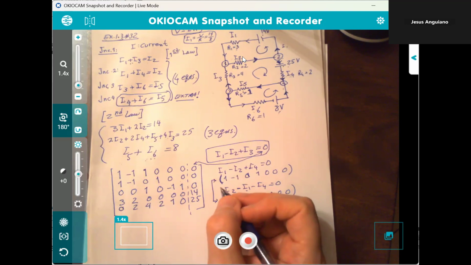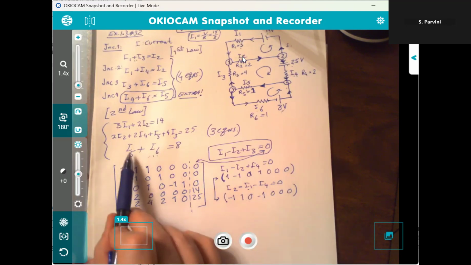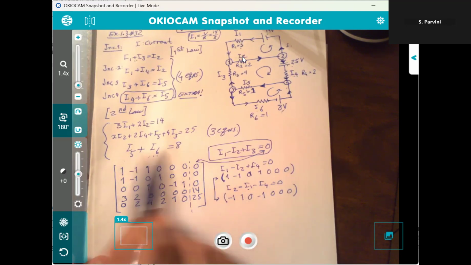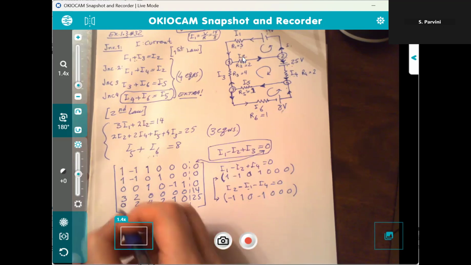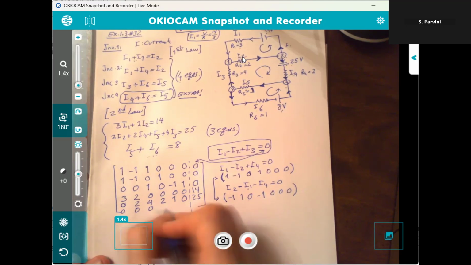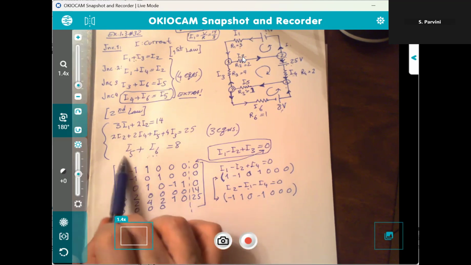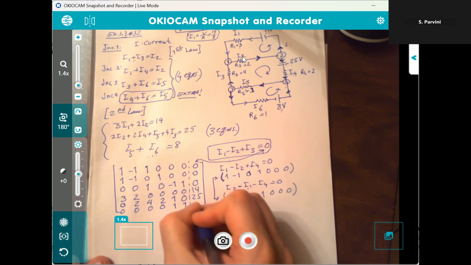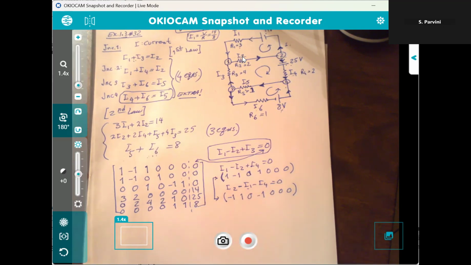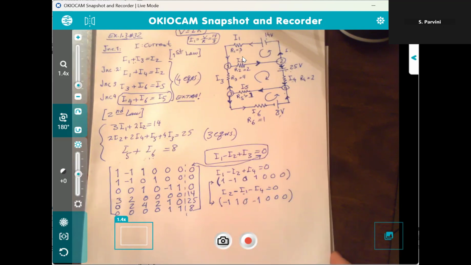Got it. And let's finish it off with this one. The last equation doesn't have 1, 2, 3, 4, right? Those are each coefficient 0. It only has 5 and 6. So here's 5, 6, and there's 8. Everyone okay on this?